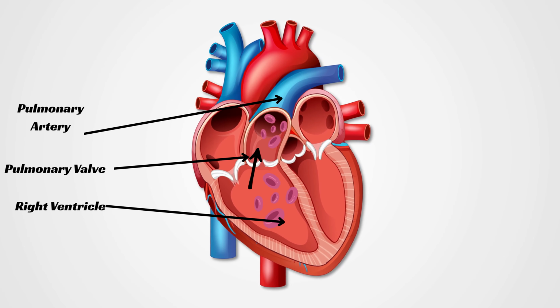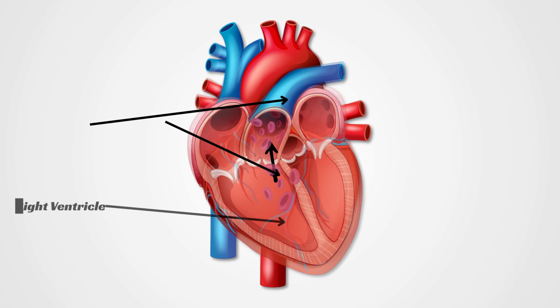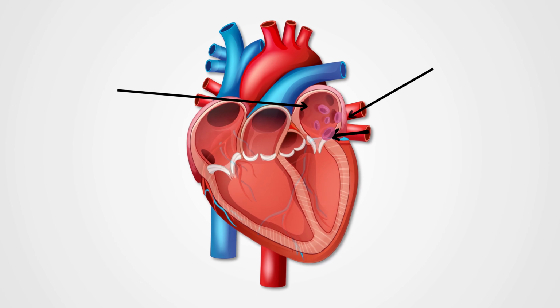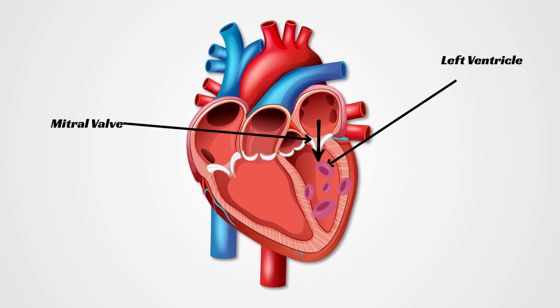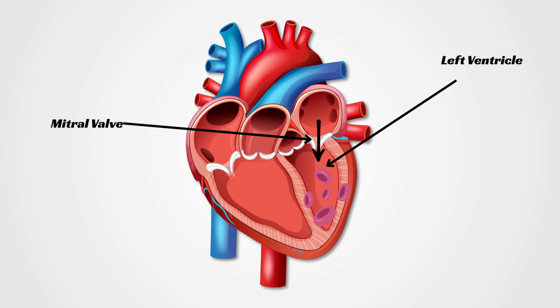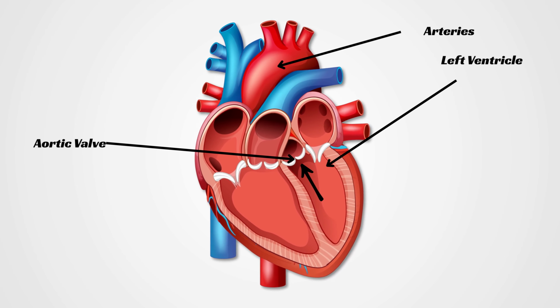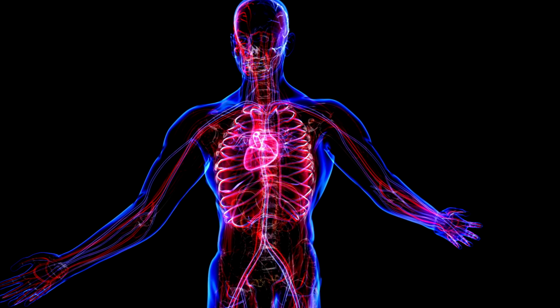After picking up oxygen, it goes back to the heart through the pulmonary vein into the left atrium. Then this atrium squeezes and sends the blood into the left ventricle, passing through the mitral valve. Now the blood is ready to go out of the heart. It passes through the aortic valve into our arteries. This is known as the journey of blood.